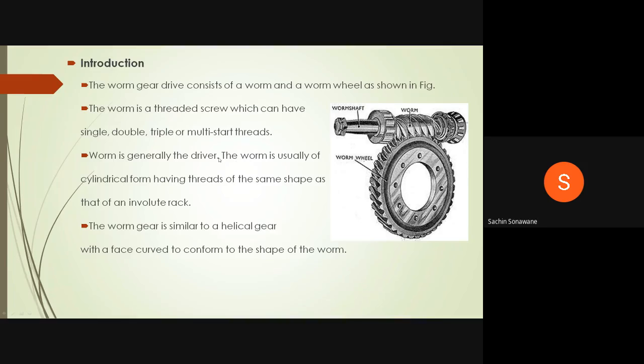Worm is generally the driver. The worm is usually of cylindrical form having threads of the same shape as that of an involute rack. The worm gear is similar to a helical gear with a face curved to conform to the shape of the worm.